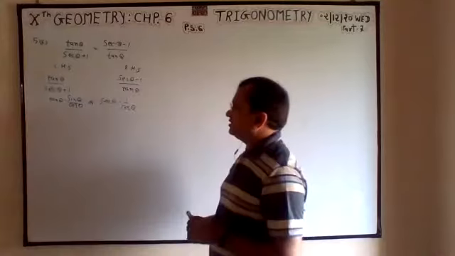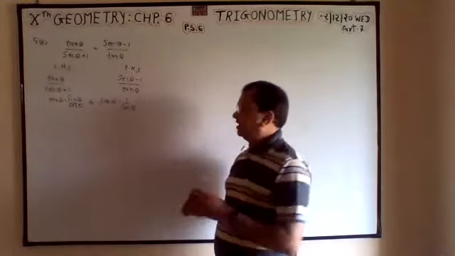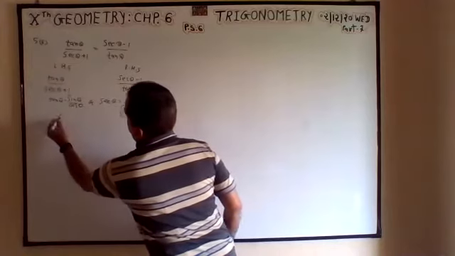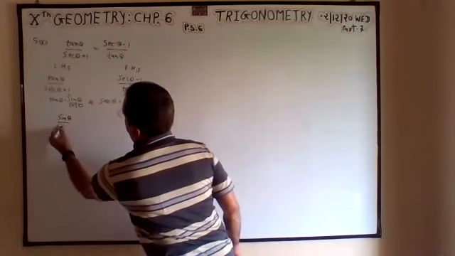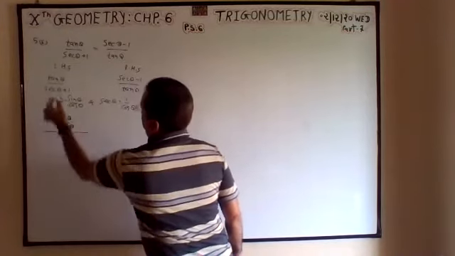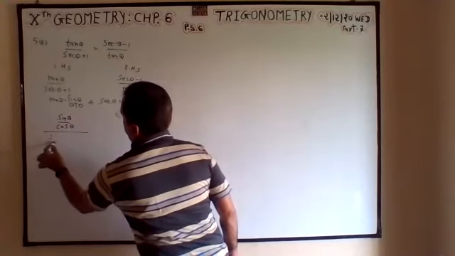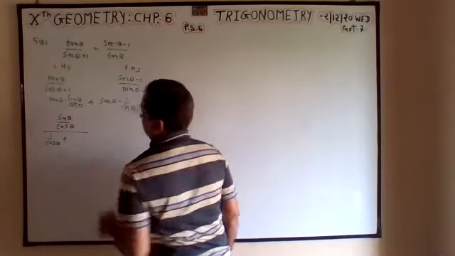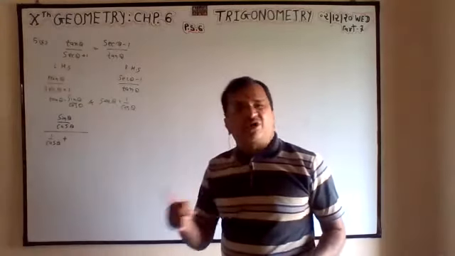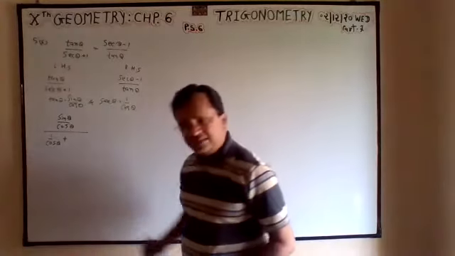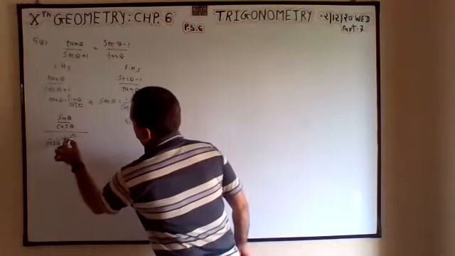Formula I am using, wherever it is tan I will write sin by cos. So this is sin theta by cos theta. Sec theta means 1 by cos theta. 1 you can write cos by cos, that is also 1, because in the denominator there is cos common. So simply write cos by cos.